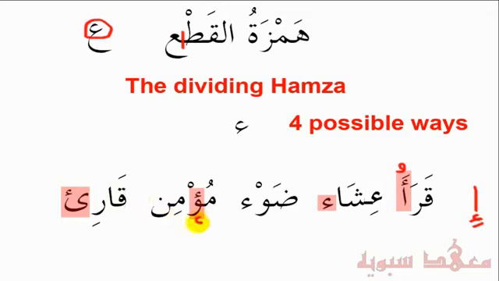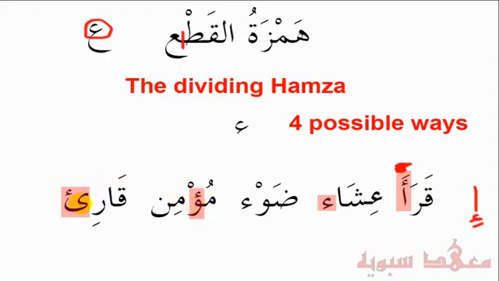So we'll have the Hamza below with the kasras. So anyway, getting back to here, let's just wipe this out. So we can see the 4 possible ways there. Being alone, with an alif, with a waw, and with a ya.